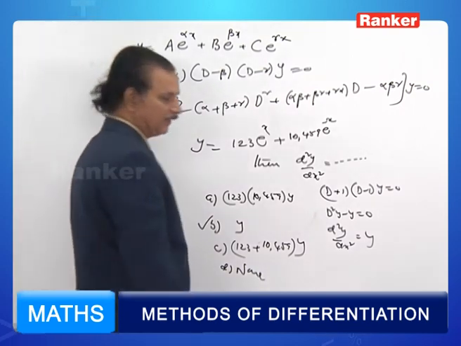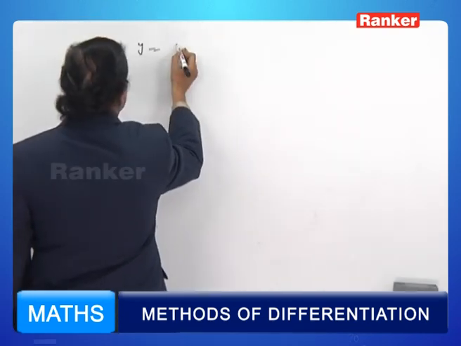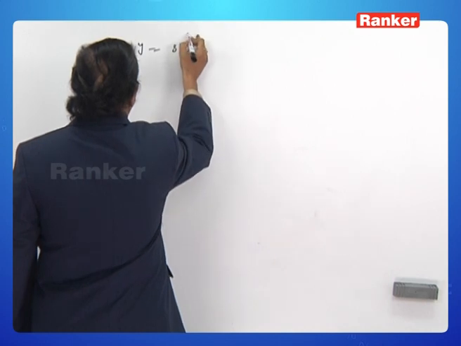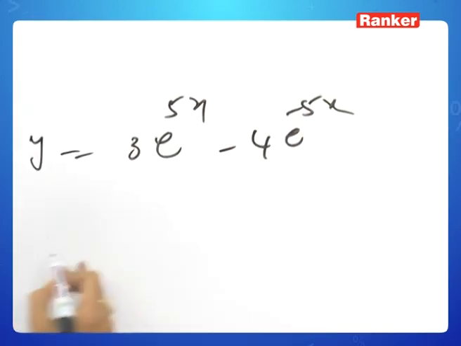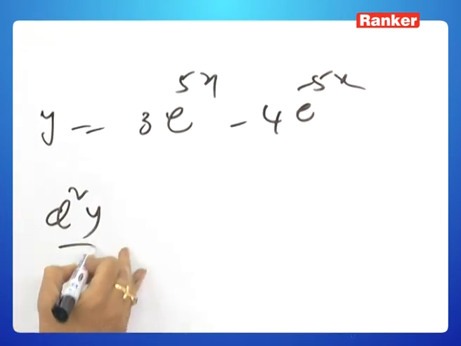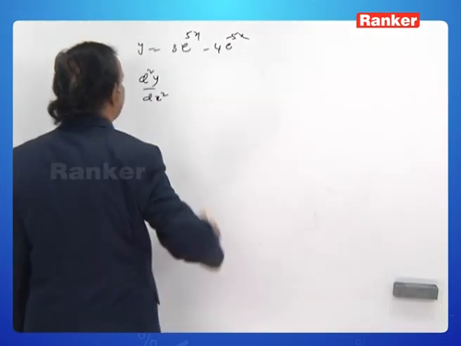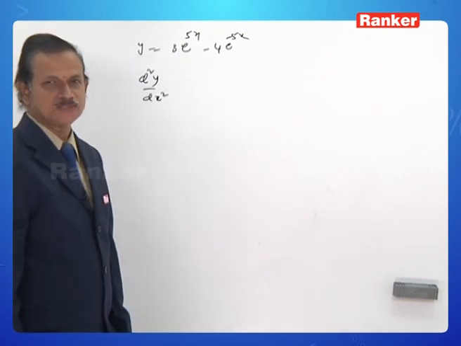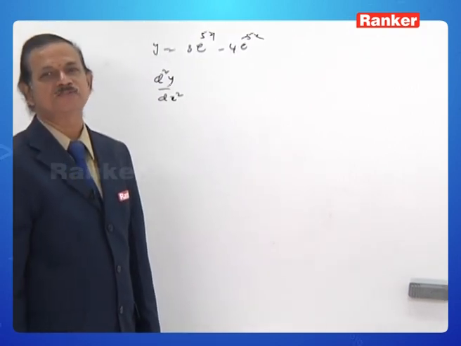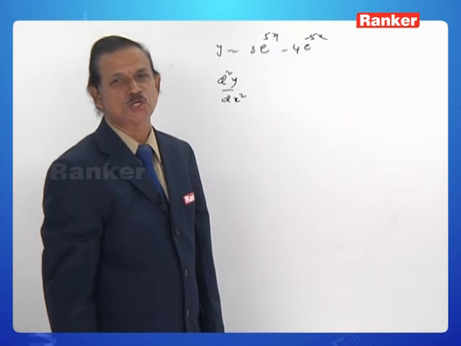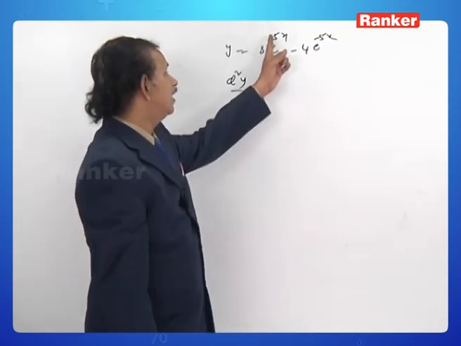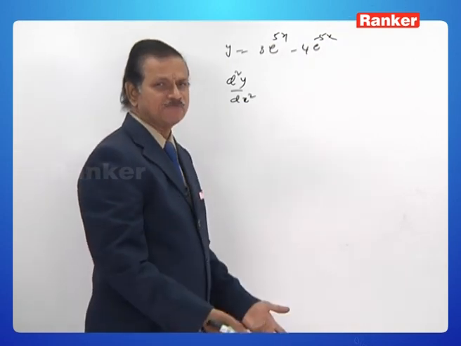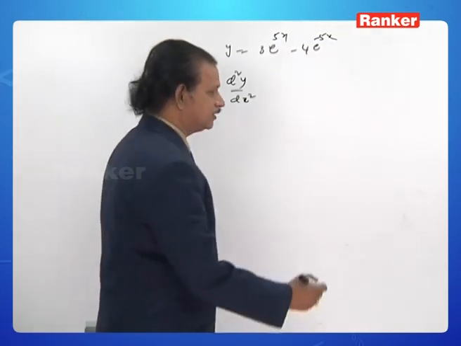So the answer is y. Next, y is equal to 3 into e power 5x minus 4 into e power minus 5x. What is d square y by dx square? You observe here, alpha is 5, beta is minus 5, alpha plus beta is 0. In such a case, d square y by dx square is alpha square into y. (d plus 5) into (d minus 5) of y is equal to 0.